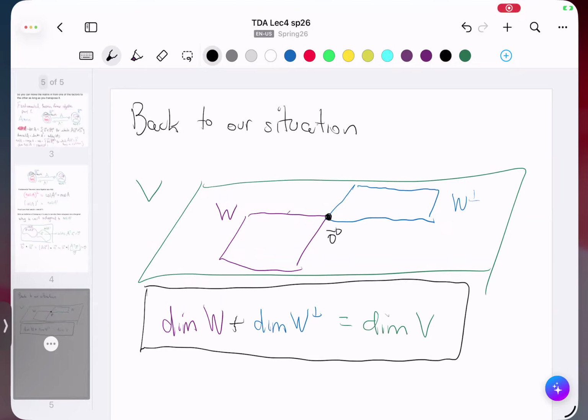If you have a vector v, which is completely random, there's a unique decomposition of this vector v as a sum of a vector, let me write it v_W perp, and another vector v_W.